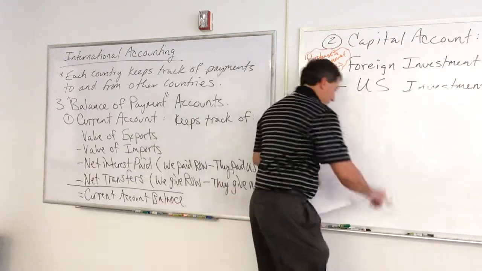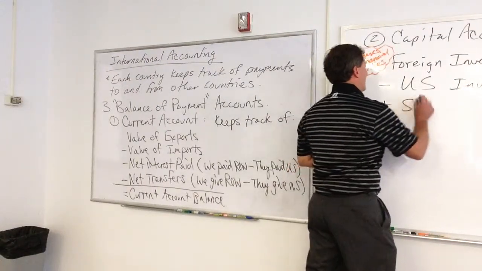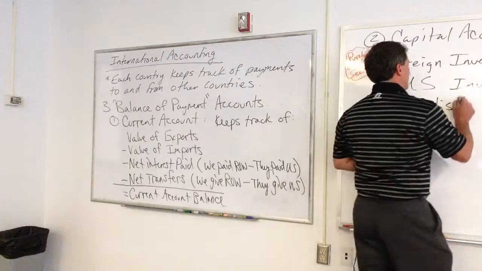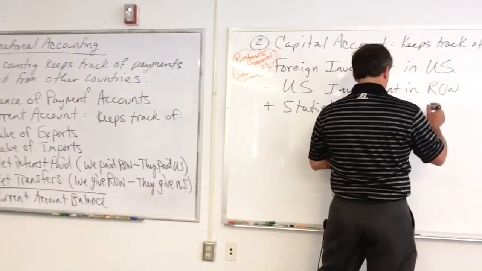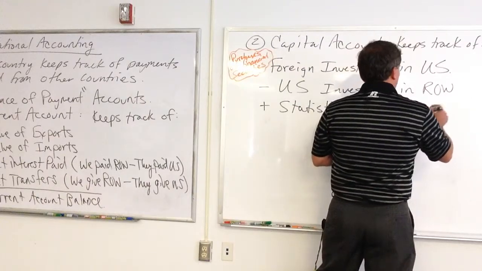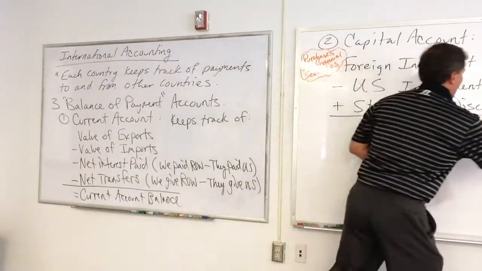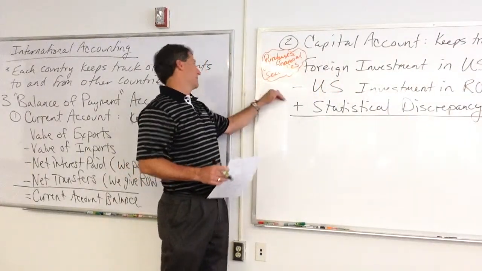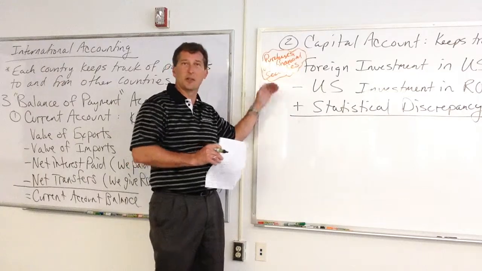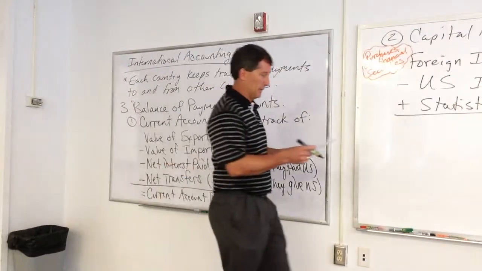Okay, then we throw in our statistical discrepancy here. Plus statistical discrepancy. And for the most part, this is relatively small, so it doesn't give a lot of headache. It's not like this is 200 and this is 300 and this is 1400 or something. It doesn't swamp. It's actually a very small fraction of it.